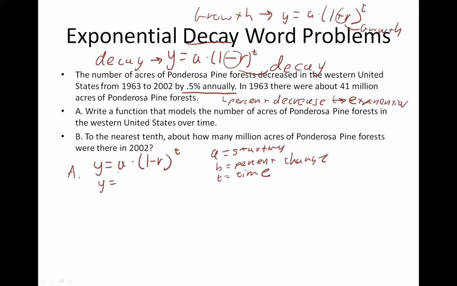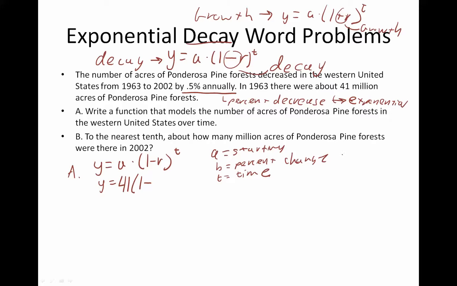So, my starting value. How many ponderosa pines did I begin with? In 1963, there were 41 million. Now, I'm not going to write 41 as a million. I'm just going to write 41, and we'll do everything in terms of millions. Okay? All right, so that's 1 minus, what is my percent change? 0.5% annually.